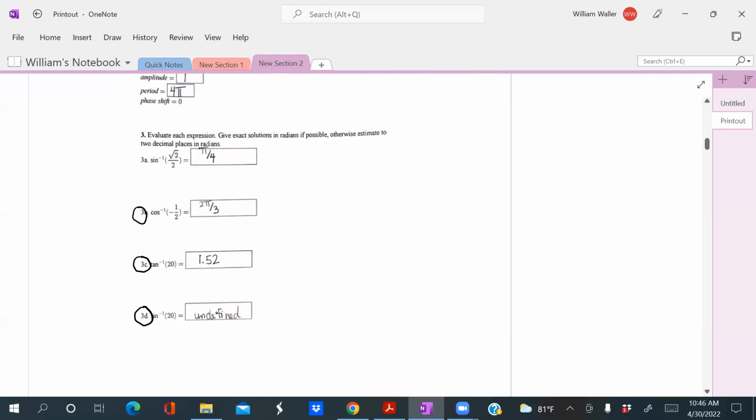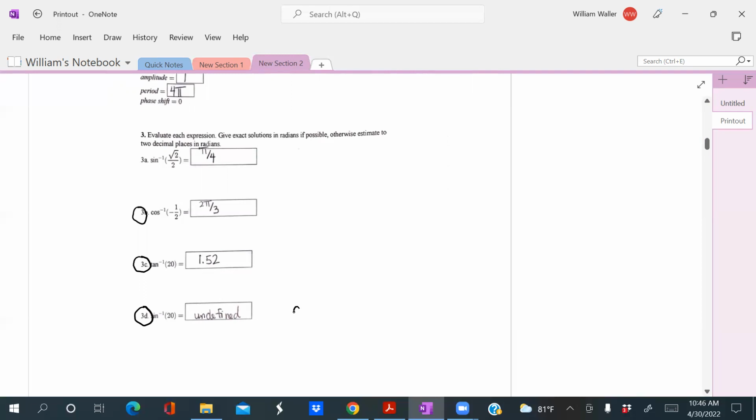Let me do the last two first because those are the easiest ones. So let's look at 3D where we're asked to compute sine inverse of 20. Remember, what you're being asked for here is what sine inverse is computing: an angle whose sine is 20.